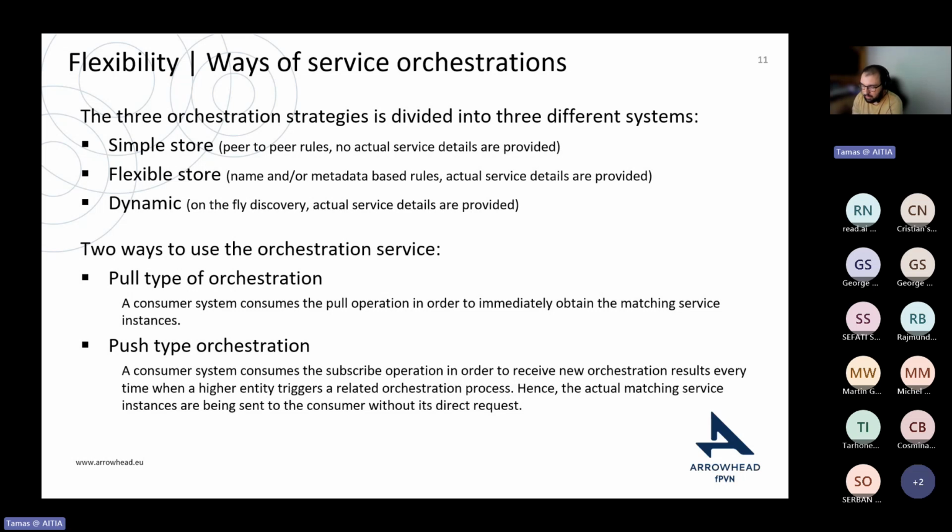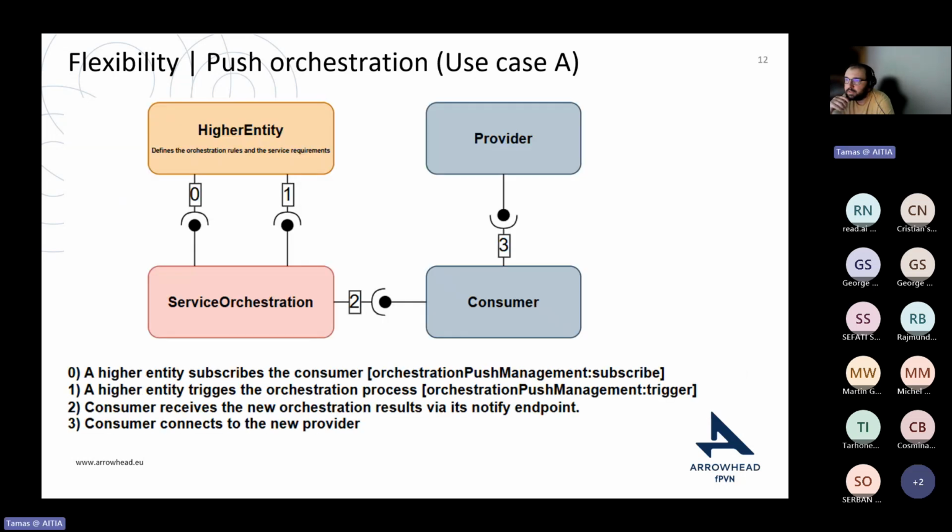There is always a higher entity who decides that a reorchestration should happen now, and it will trigger the orchestration process, and the orchestration results will be sent to the consumer without its direct request.